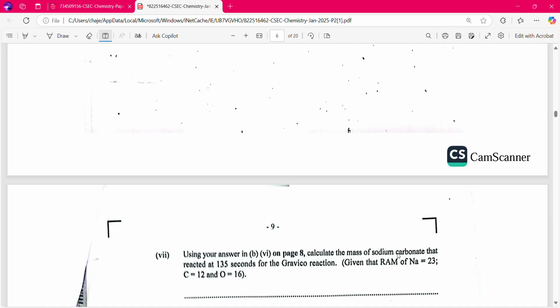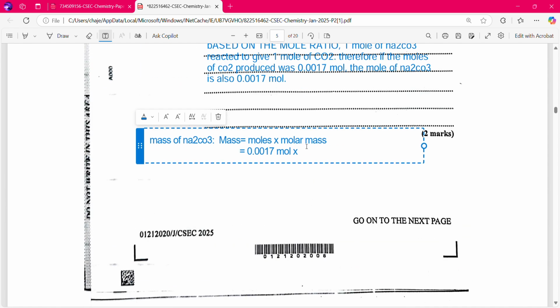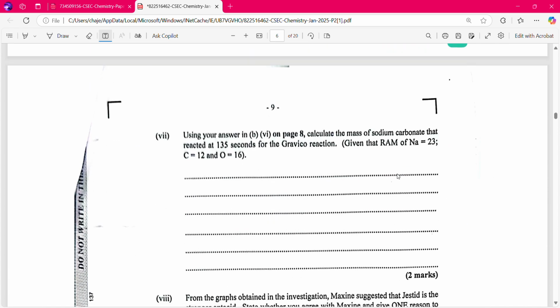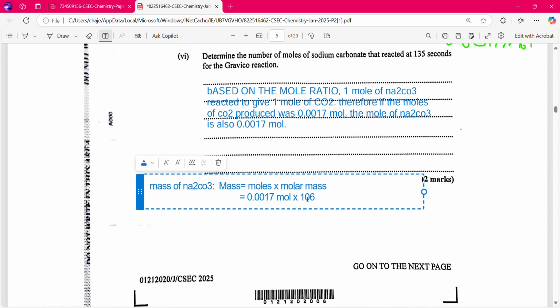Yes, it's 106. Alright, so it's 106. See how simple that is? Guys, don't be like me and write only the answer. Show the working. That's why they gave you this. It's 2 marks. However, still show how you get the answer, how you get the 106. Always show it. So let me just actually put it in brackets.